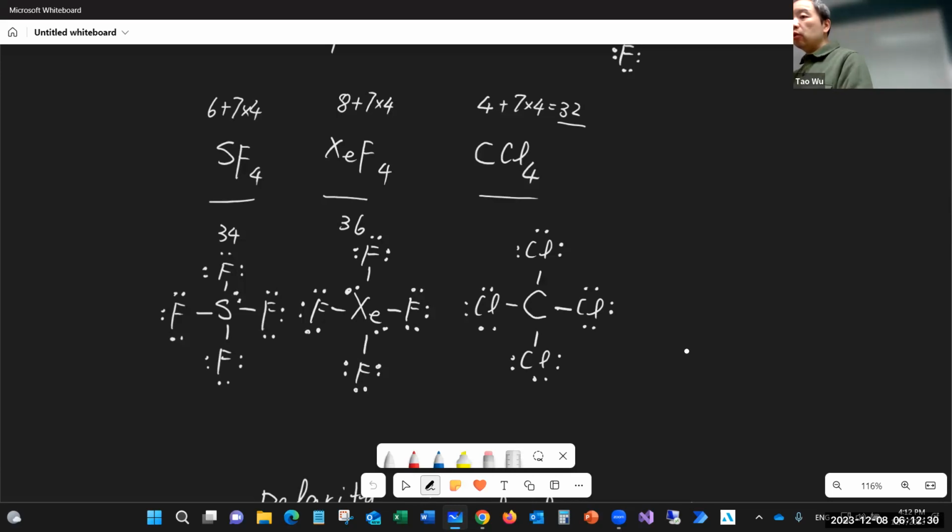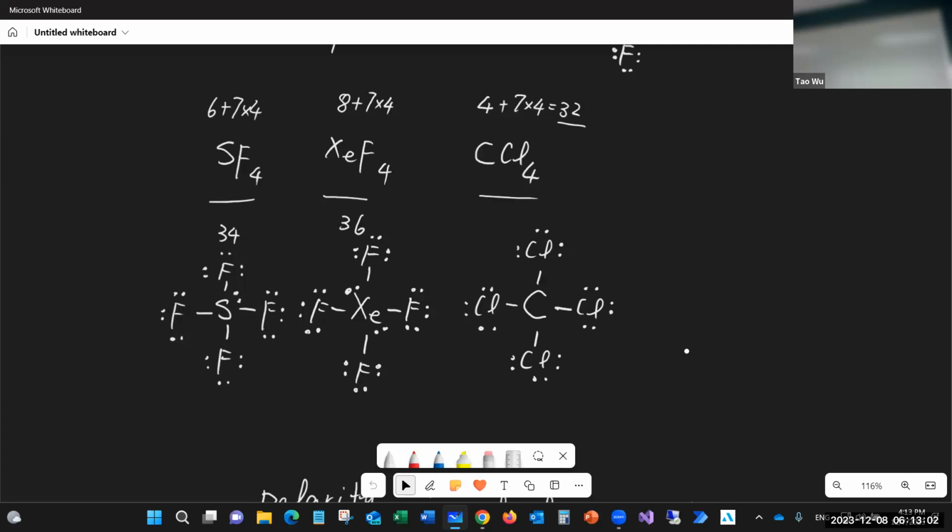If you draw the Lewis structure, you see there's a 5 electron domain for the central atom, but it only has 4 bonds and 1 lone pair. So that gives us a structure called a seesaw, like this.